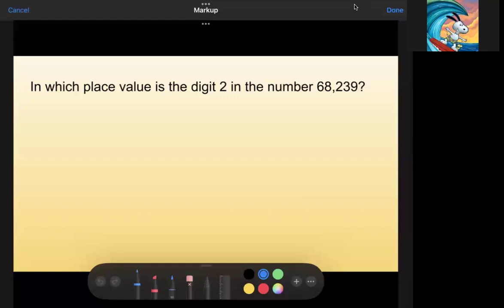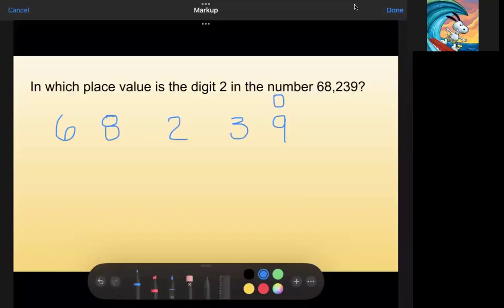Okay, so here's our next one. In which place value is the digit 2 in the number 68,239? Let's start by writing that number out: 6, 8, 2, 3, 9. If you want to, you can put a place value chart on top of it by making lines, but you could also just label each place value on top, starting with the ones, which we know is all the way to the right.